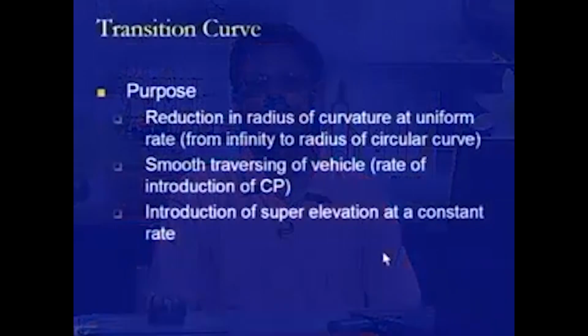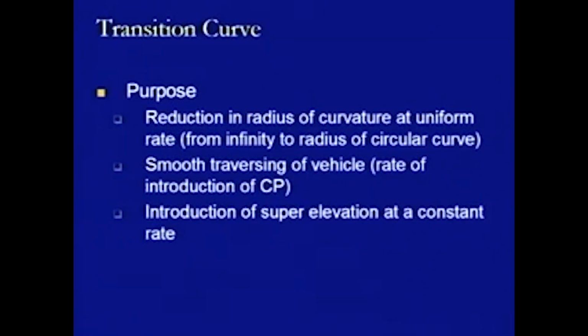Further, it also helps in the provision of a super elevation at a constant rate. Again, as we have seen, the super elevation is the difference between the level of the inner rail and the outer rail.